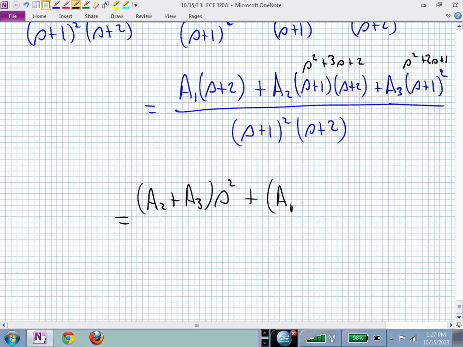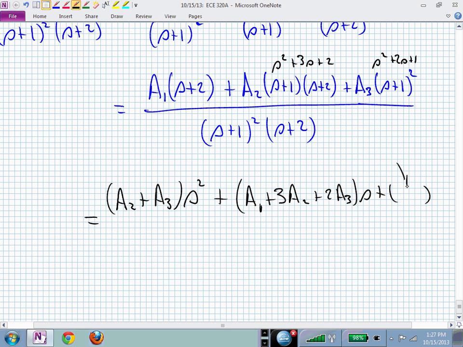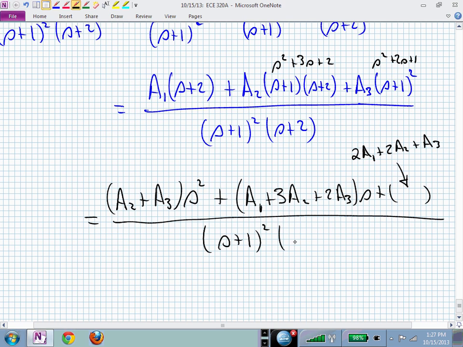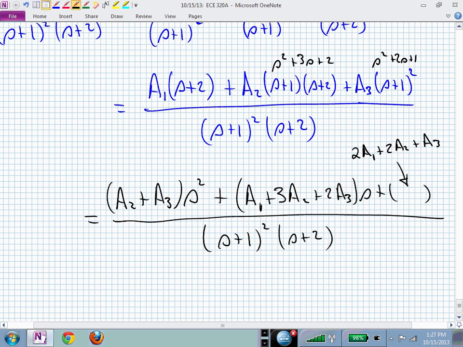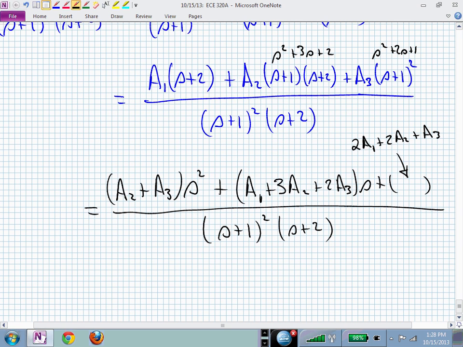We have an a1, we have a 3a sub 2, and we have a 2a sub 3, all scaling s. And then we have our constant term. Bummer, amount of room. But down in that slot, I now have 2a1 plus 2a sub 2 plus a sub 3. And all of that is over a common denominator. Is it okay where those came from?